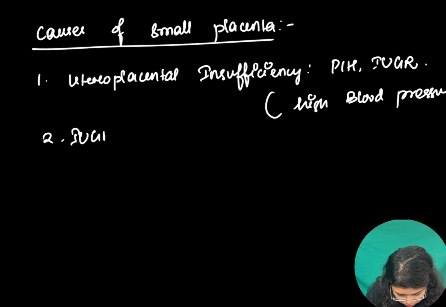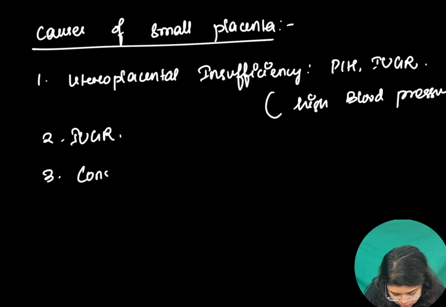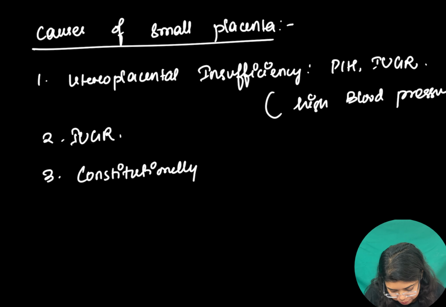Independently also IUGR may be the cause of small placenta or uteroplacental insufficiency. Both are interlinked. And also small placenta may be because of a constitutionally small baby.